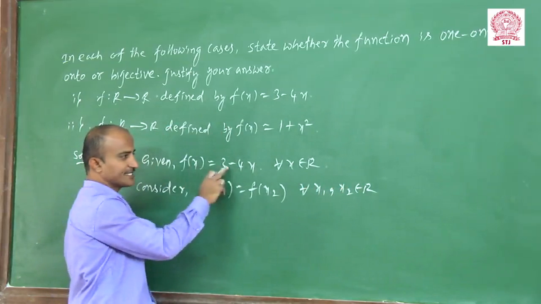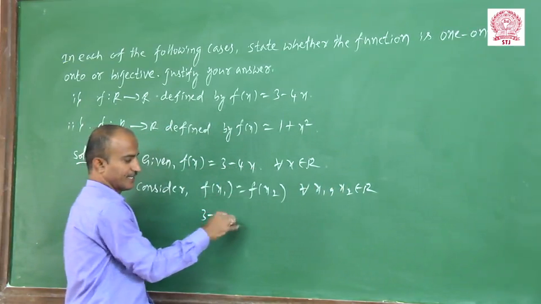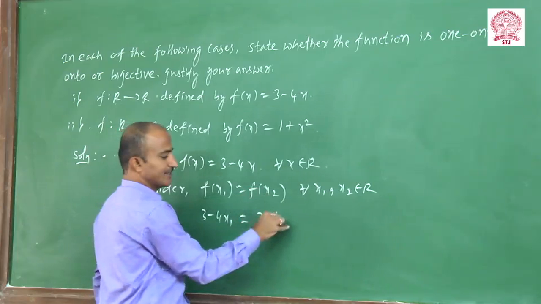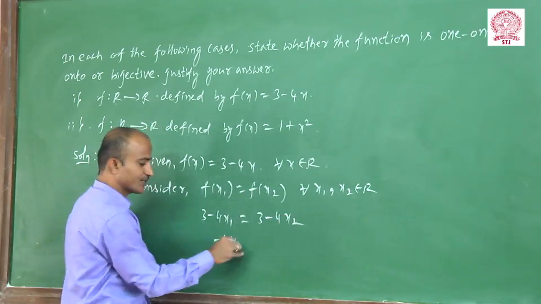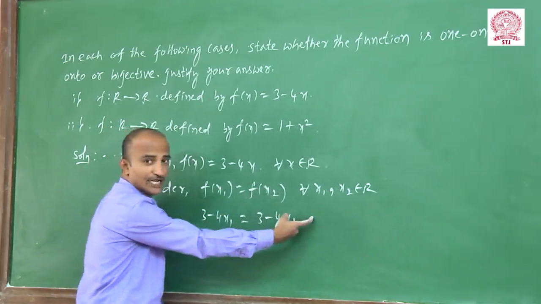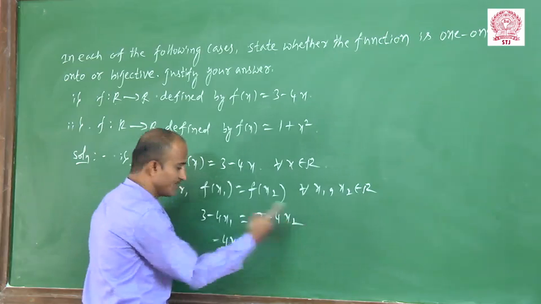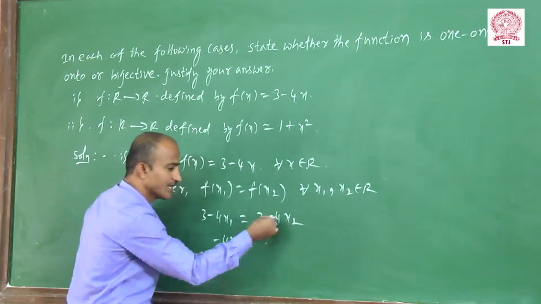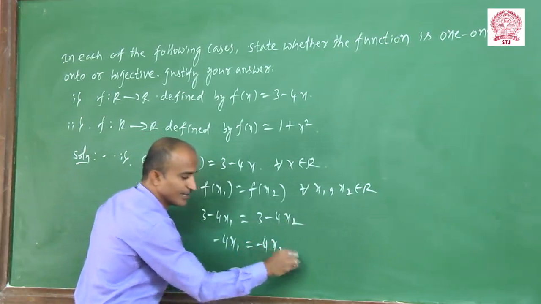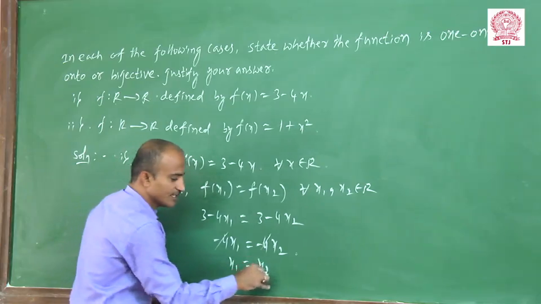Then 3 minus 4x1 equals 3 minus 4x2. That 3 gets cancelled. Then we have minus 4x1 equals minus 4x2. Now that minus 4 gets cancelled, x1 is equal to x2.